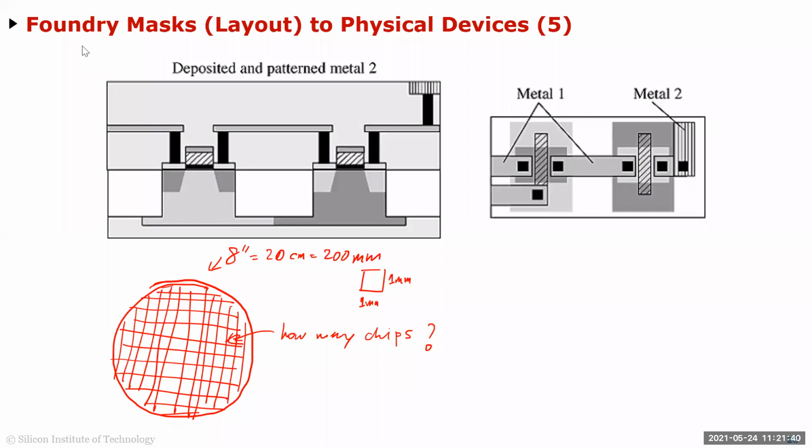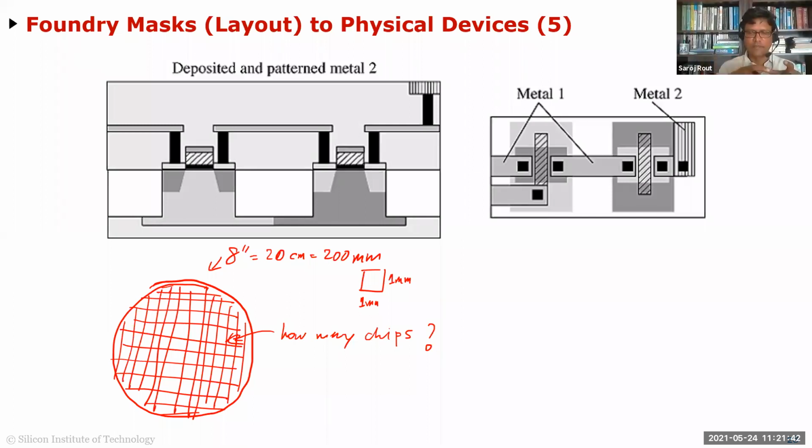As I said, I'll show you again during the processing step, but these chips are manufactured on a disc shape of 8-inch diameter, right? And each chip is not 8-inch. Each chip is very small.